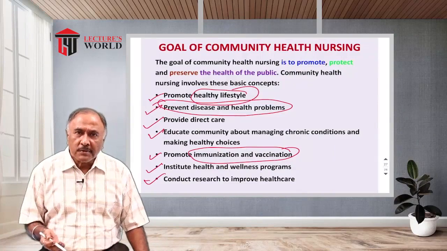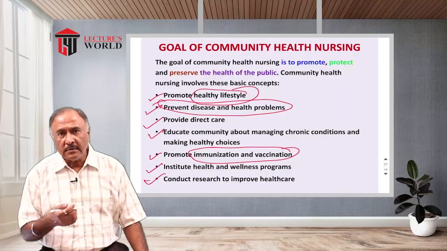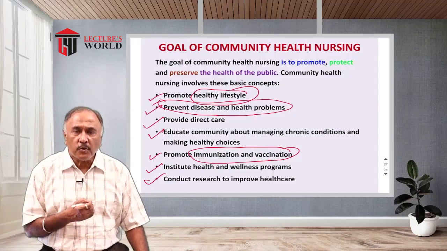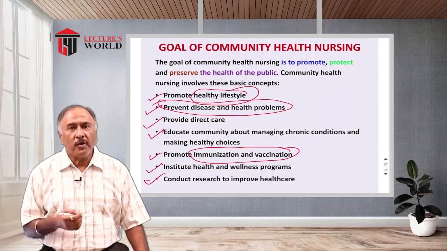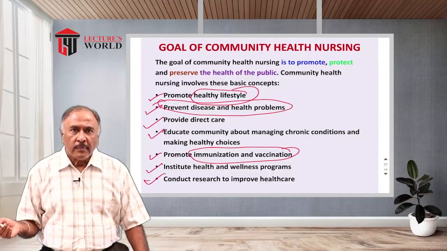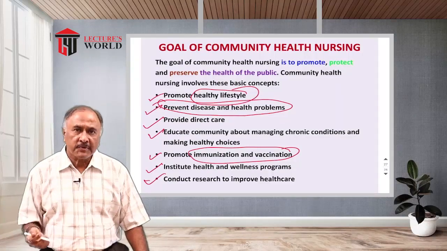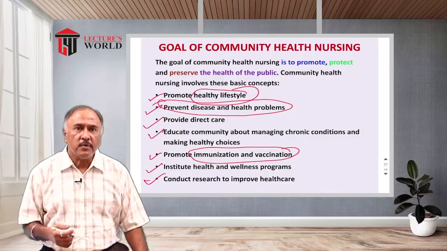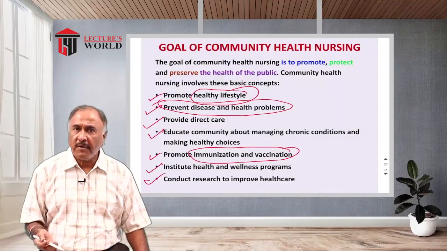You should not store water near your home. Water should go into drainage. It should not be open drainage. Otherwise there will be breeding of mosquitoes. These mosquitoes spread chikungunya and dengue. This is just an example I have given.